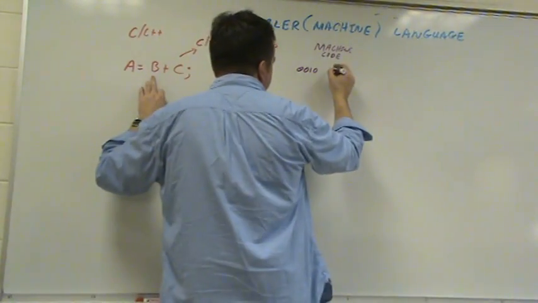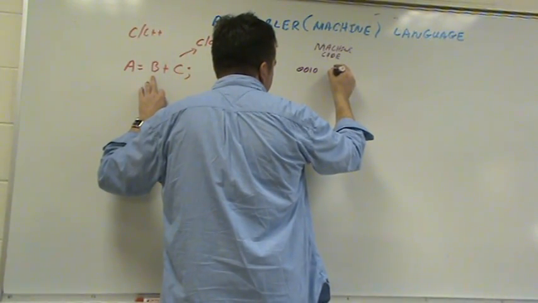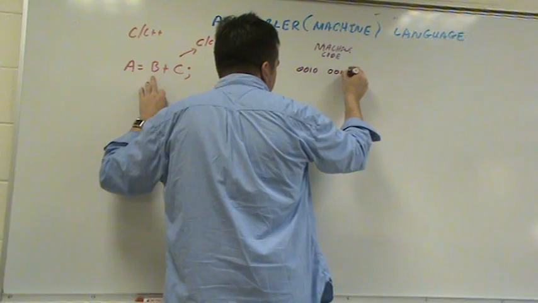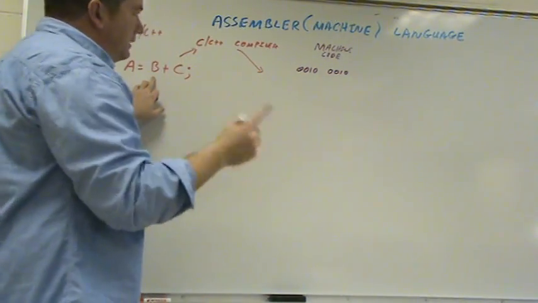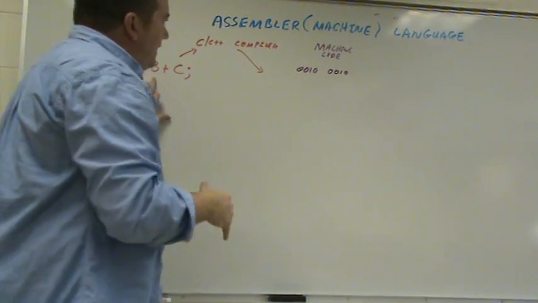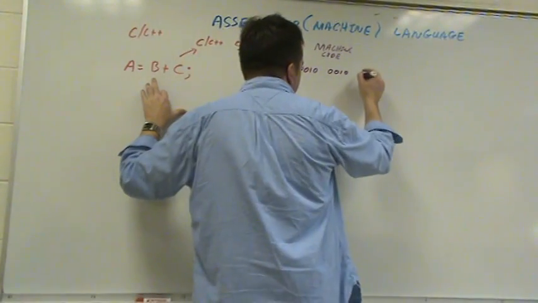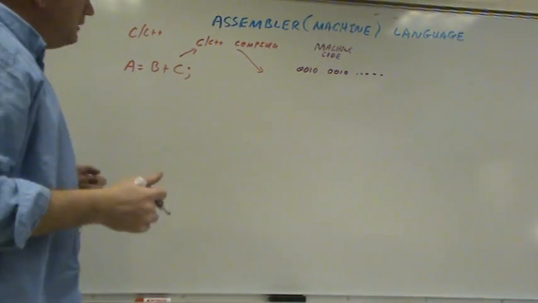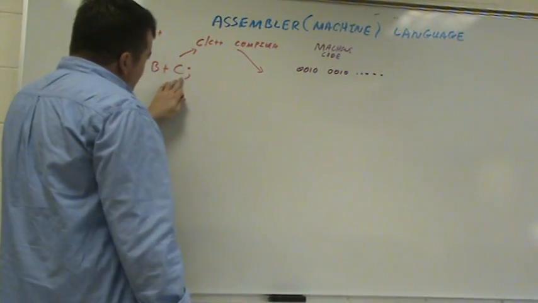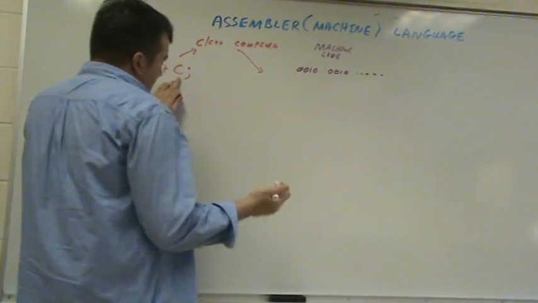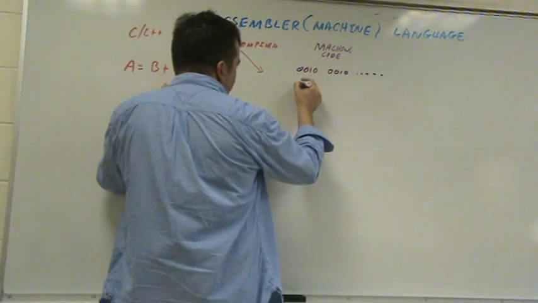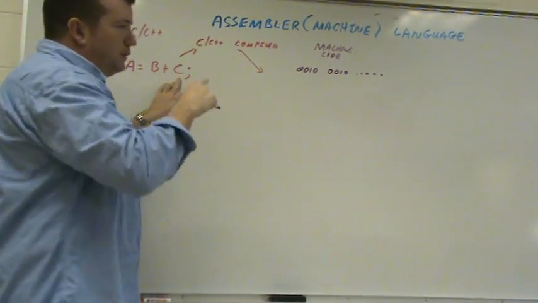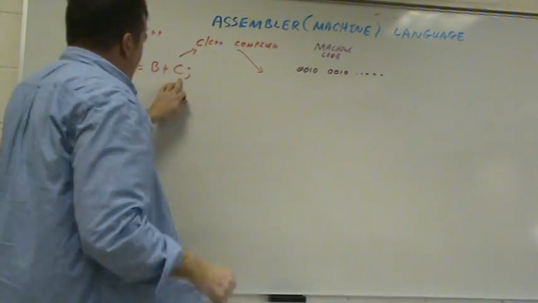So maybe we wanted to load something into register 3, that would mean a 3, that's the register it's being loaded into. And then the next set of bits could be the memory location we're getting something from. Then the next instruction, which would also be a load instruction, would end up having the same first so many bits we dedicate to each of the different types of instructions we have.